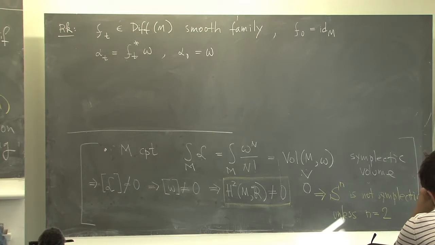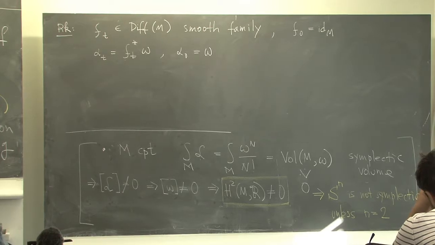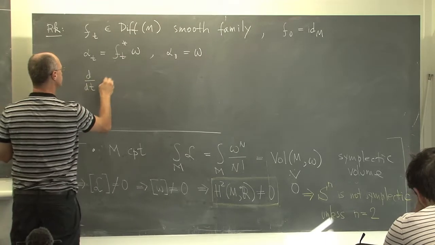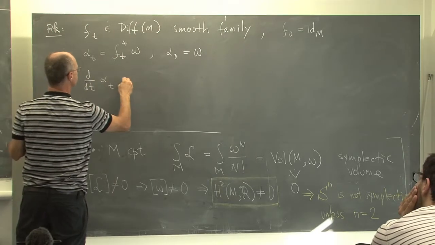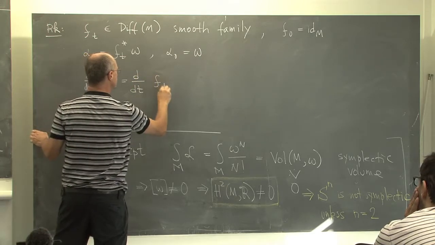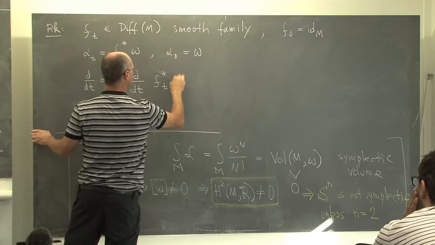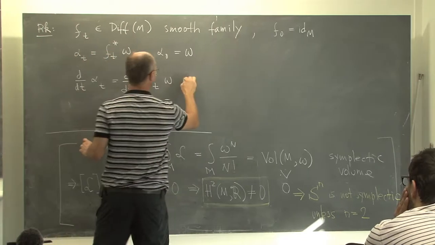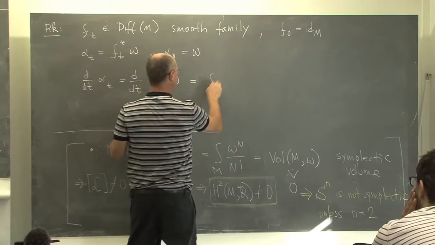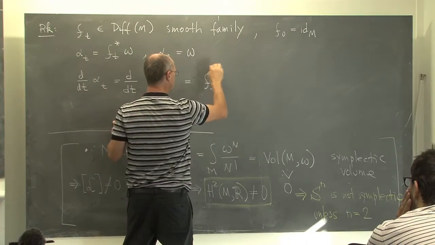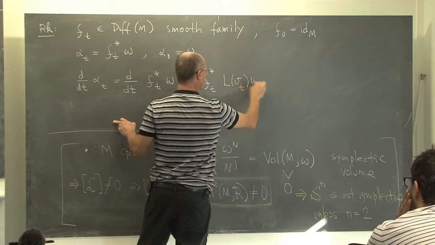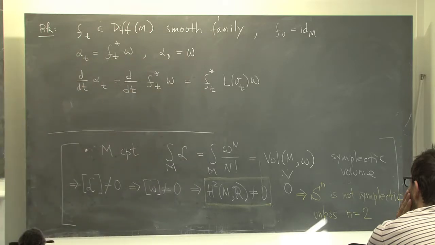So then let me recall the formula for the derivative of alpha t. So that's the derivative of Ft star omega. So let me write the formula and then introduce the notation. So this will be Ft star, let's see, hopefully I'm not mistaken.